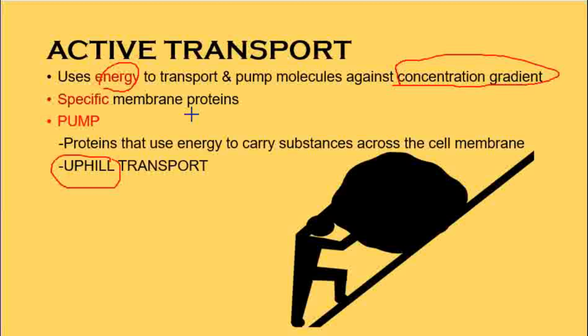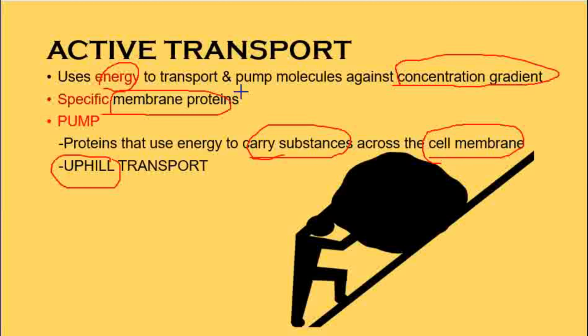Here specific membrane proteins are involved in this process of active transport. Pump refers to the proteins that use energy to carry substances across the cell membrane. Energy is spent for this transport mechanism since the cell is working against the concentration gradient.